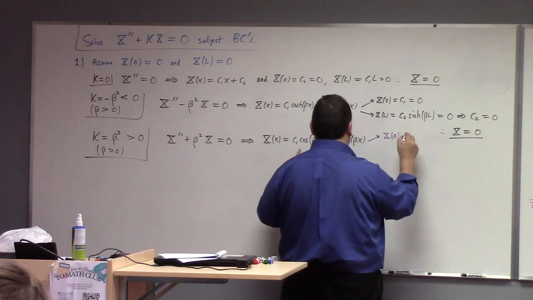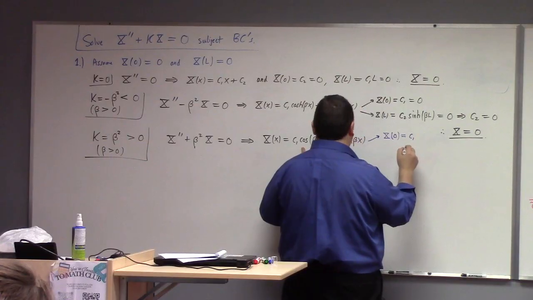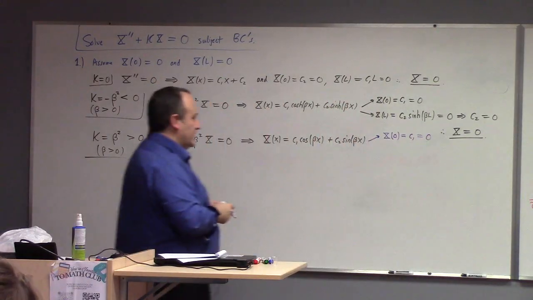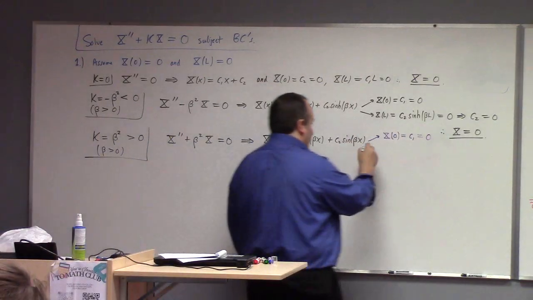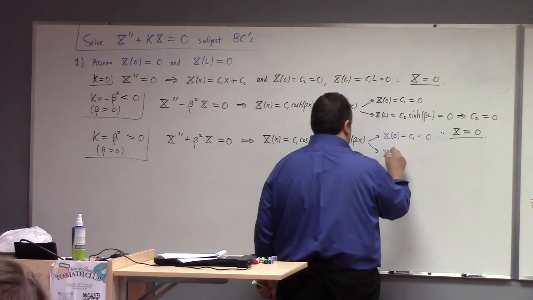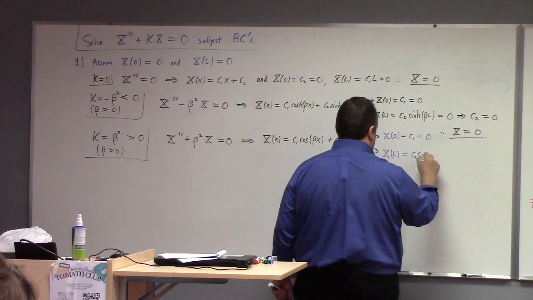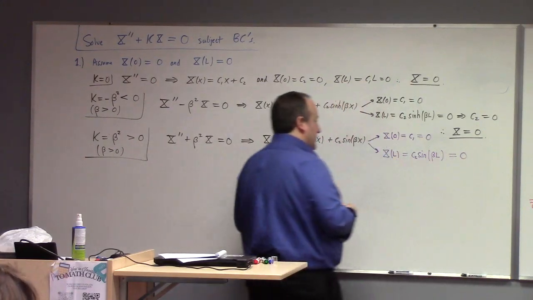x of 0, besides he's French, x of 0 is, that's right, I said it. C1 is equal to 0, apparently, because cosine of 0 is 1 and sine of 0 is 0, right? But on the other hand, x of L is C2 sine beta L. That has to be equal to 0.